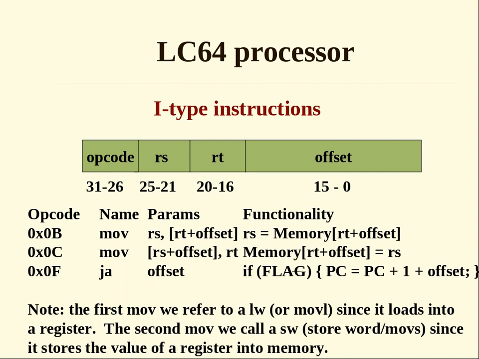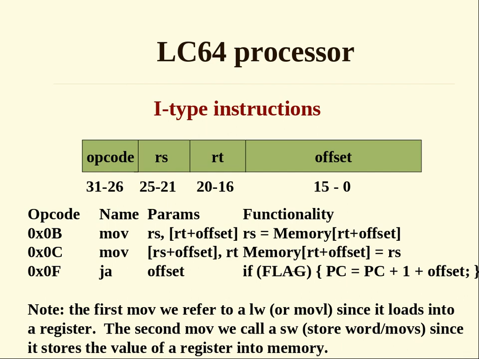So there's I-type instructions as well. These are called immediate because we're going to use the offset field. Now, because x86 is annoying, you don't load from memory or store. They're called move. So you move from register to memory, or you move from memory to register. Don't ask me why they did this. They just did.